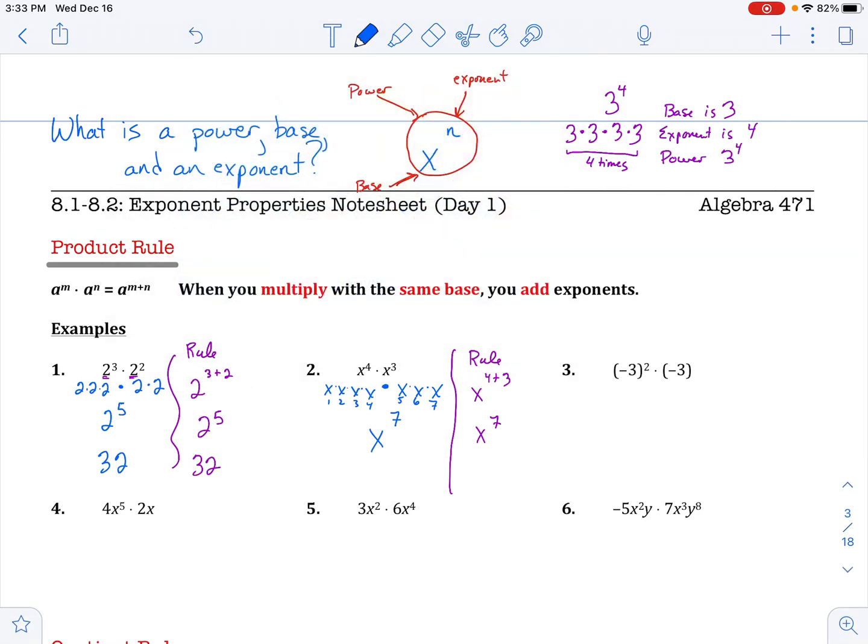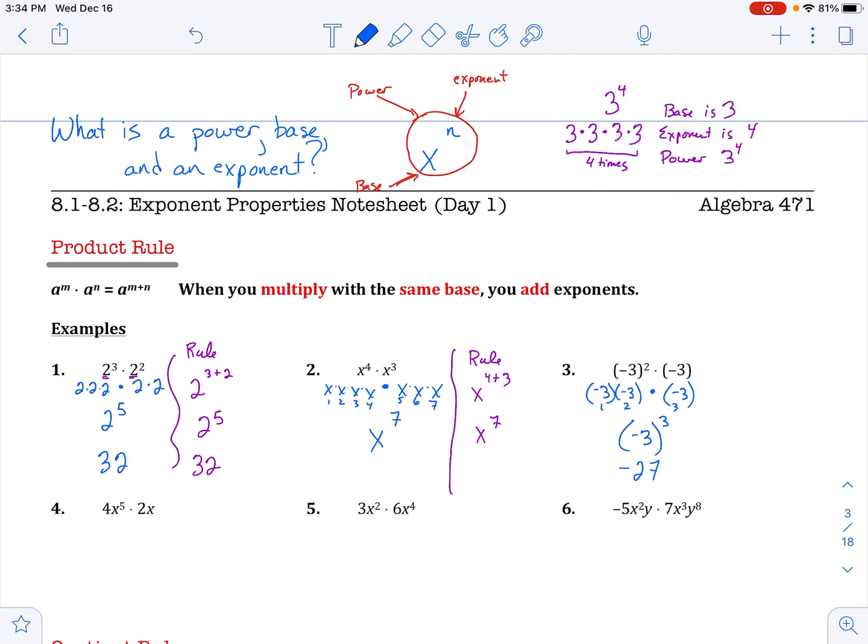And over here in problem number 3, we get negative 3 being multiplied by negative 3 2 times, and then being multiplied by another negative 3. Well, I know that my base here is negative 3, and if I count them up, that's 1, 2, that's negative 3 to the 3rd power. So that's negative 3 times negative 3, which is 9, and 9 times negative 3 would give me negative 27.